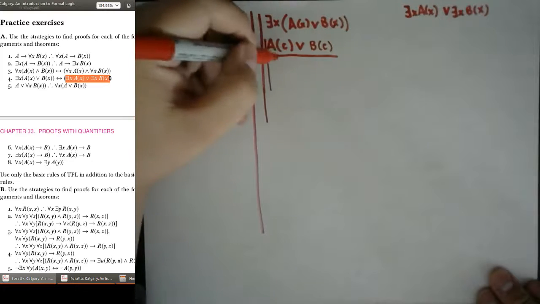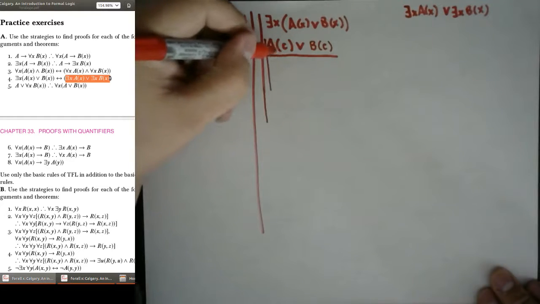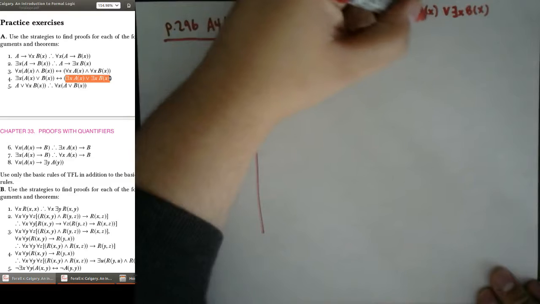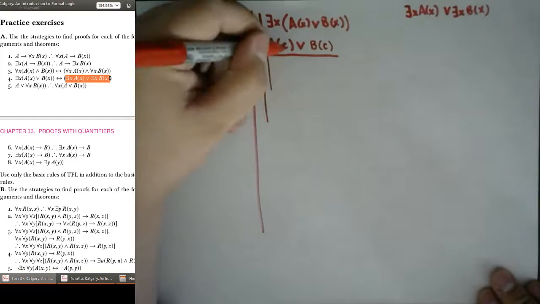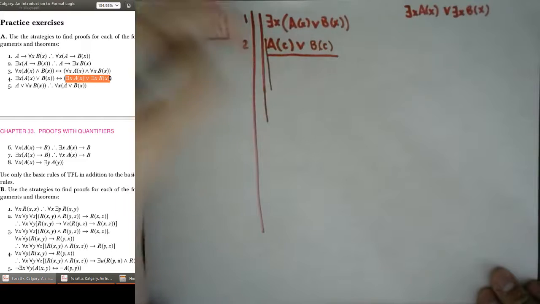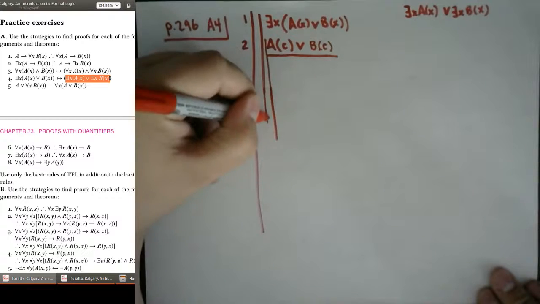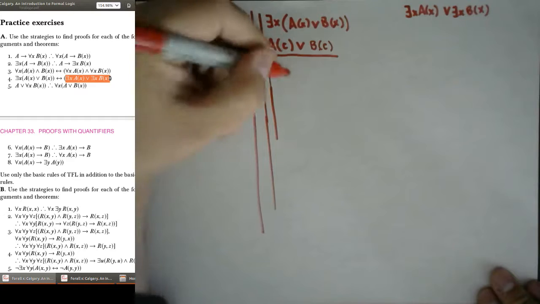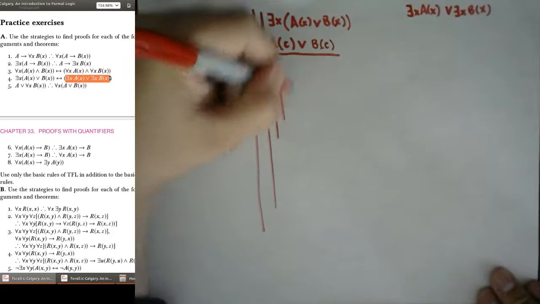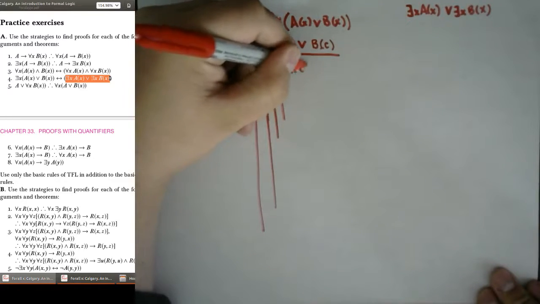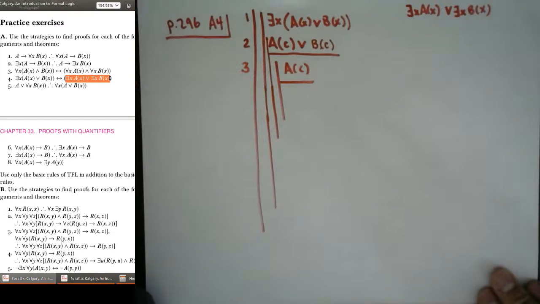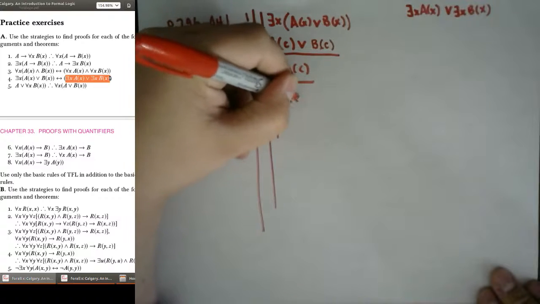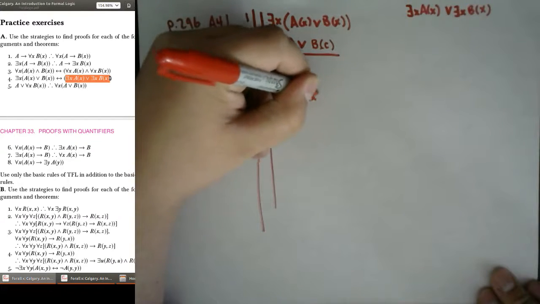So I have this OR. I want to get at the end of this subproof this statement, and to do that in an OR, I'm going to have to get this statement twice, one for each of those assumptions. So let's give ourselves some room. I need to make an assumption inside here of A of C. And from that, I can certainly say there exists x ax, right?